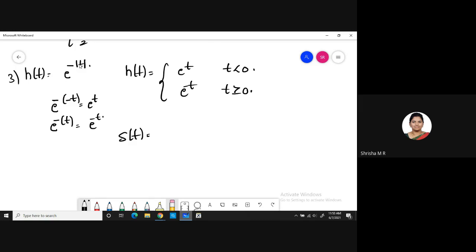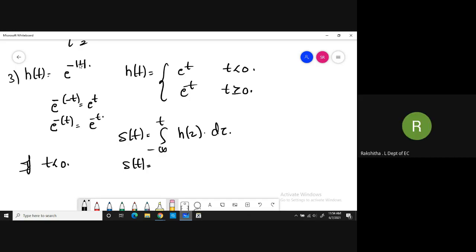Clear? So now try to solve the step response. S of t is the integral from minus infinity to t of h of tau d tau. So case 1: if t is less than 0, what is S of t? If t is less than 0, what do you get? 1, ma'am.